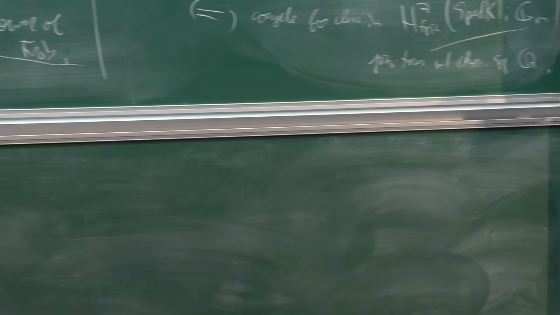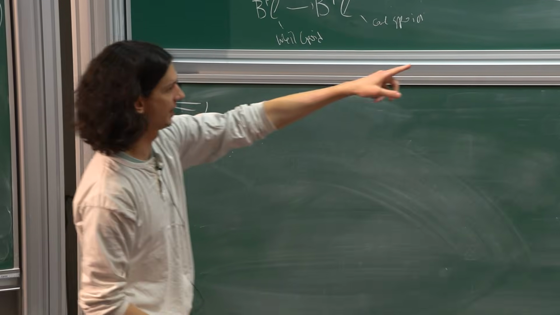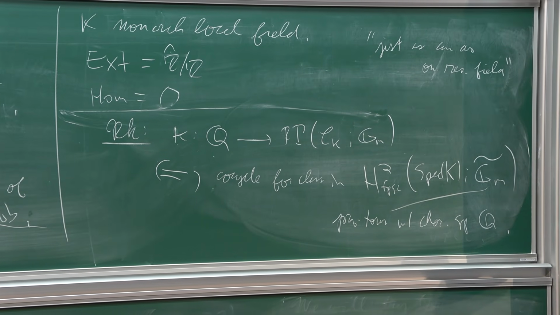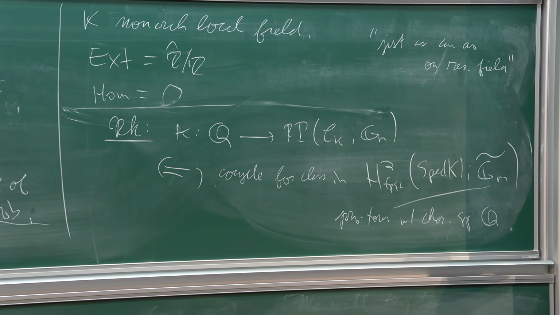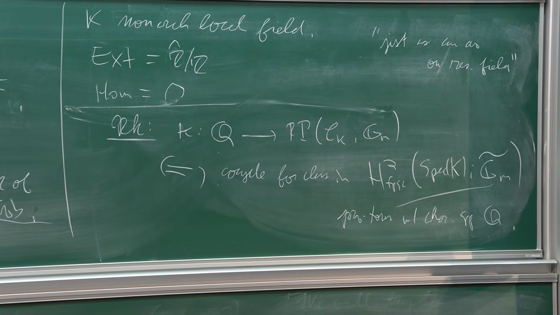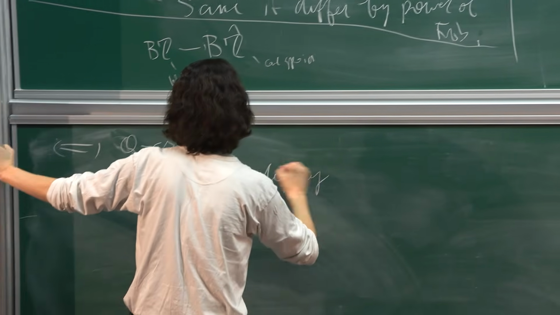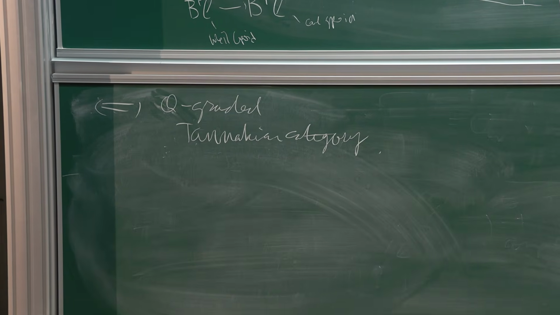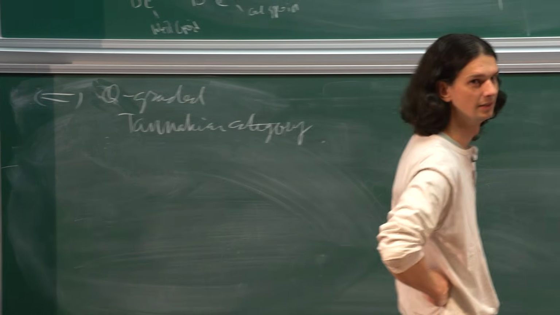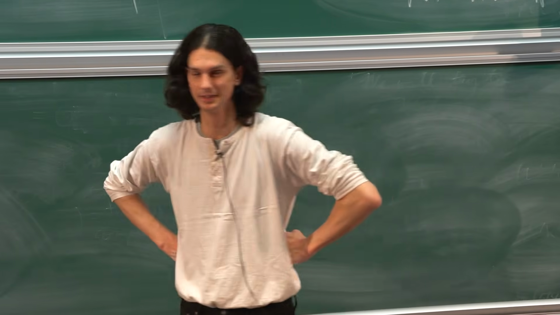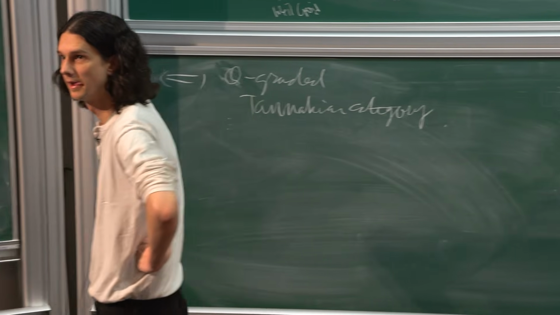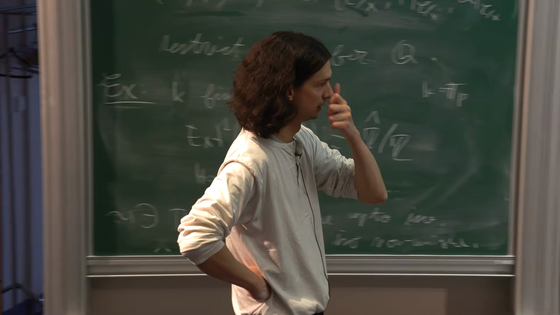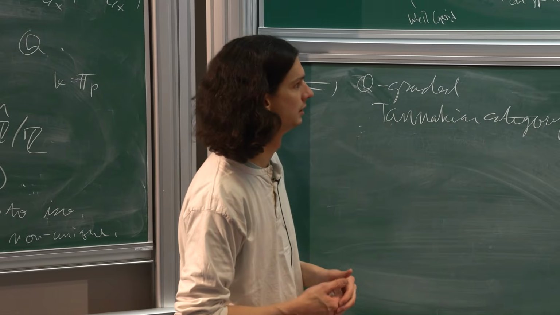So this is also the same thing as a gerbe for that protorus, which is the same thing as a Tannakian category. So a Q-graded Tannakian category. It's a protorus, and you take the cocycle for k sep over k, or cocycle relative to the separable closure of k.